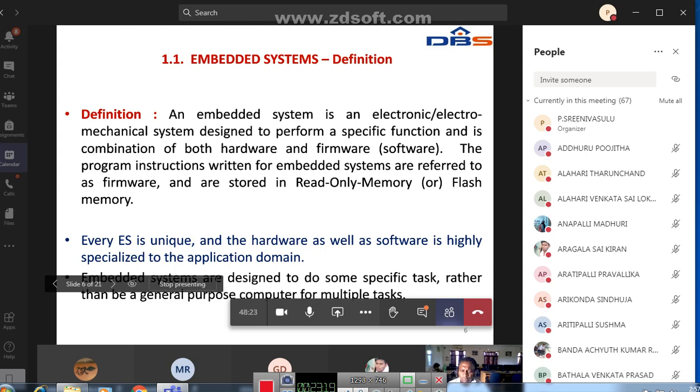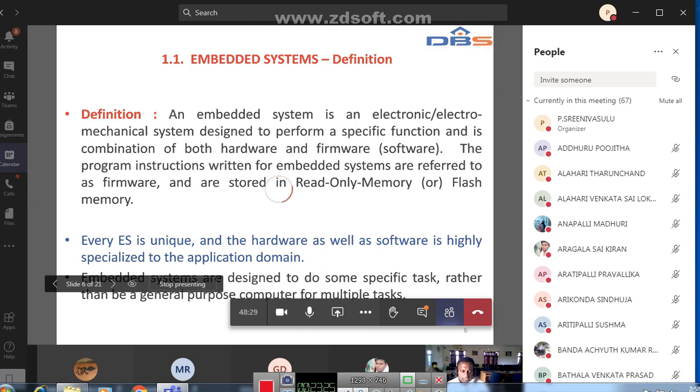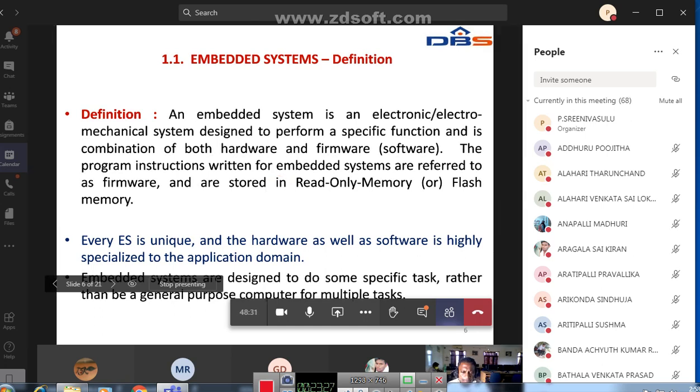So you can do whatever function you want on the desktop computer. But an embedded system is not like that. An embedded system is specific to a particular application, not common for all other applications. Okay, it can only perform a specific task.